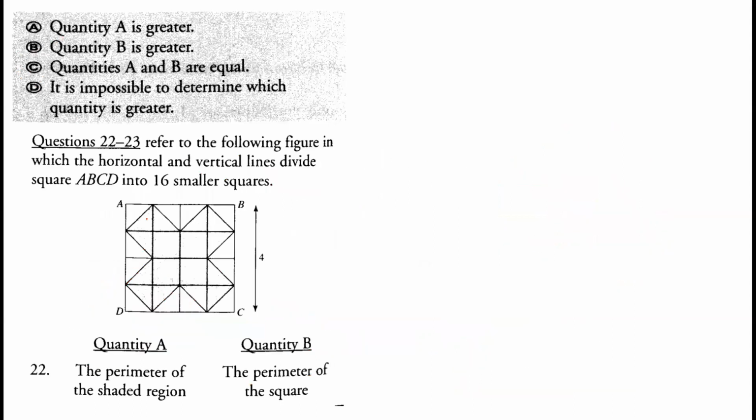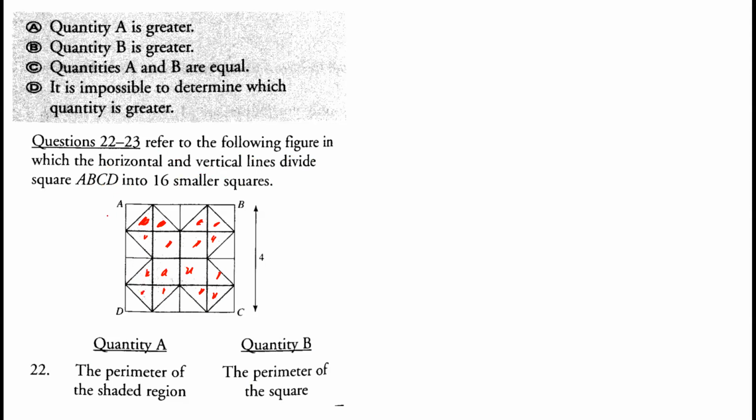Now these are your shaded regions. Okay, so the perimeter of the shaded region. Now we know that this refers to the following figure in which the horizontal and vertical sides divide square ABC into 16 small squares.